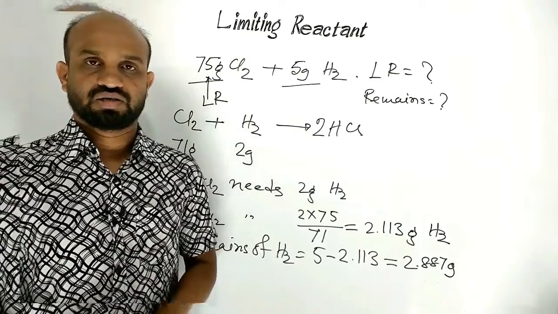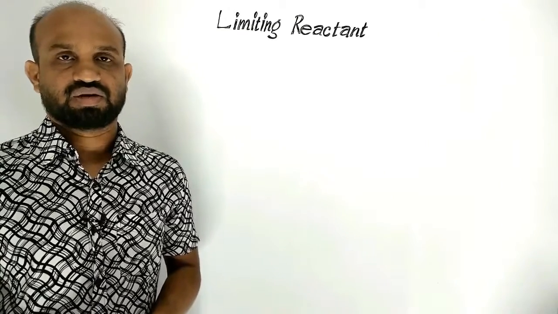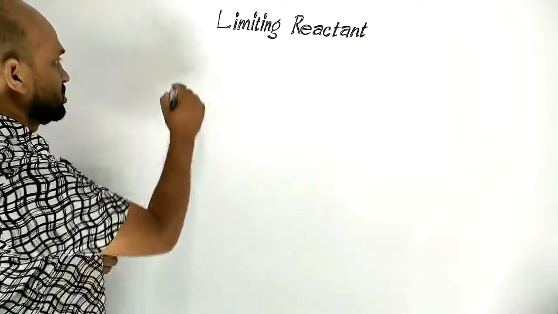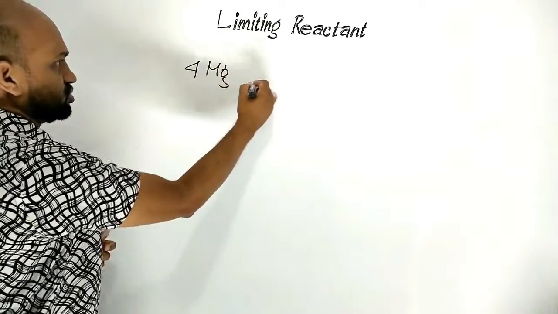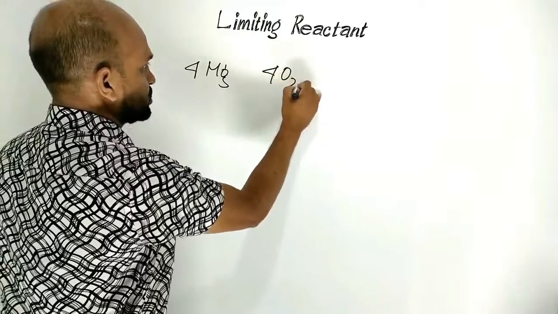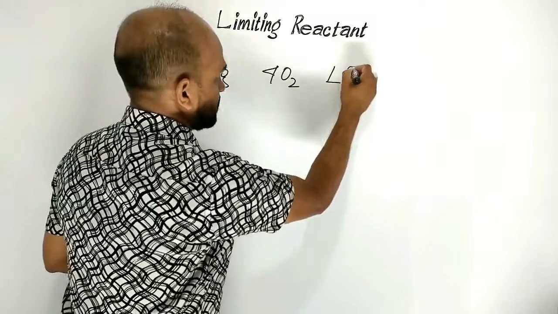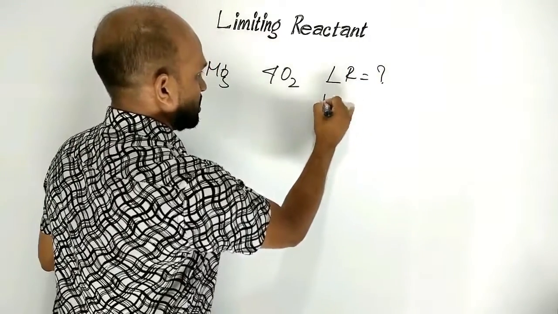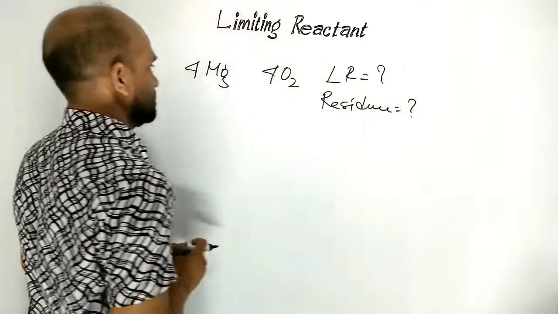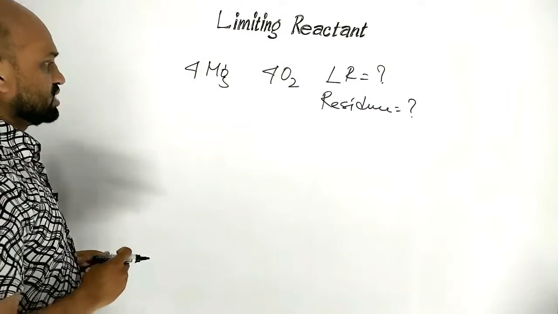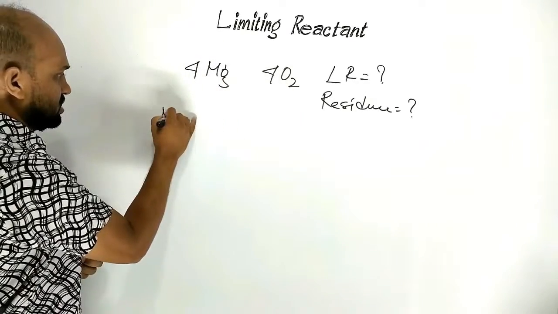Let's see another example. The reaction is between magnesium and oxygen. Suppose 4 atoms of magnesium react with 4 molecules of oxygen. Then what will be the limiting reactant and what is the residue left over? First of all, let's write the reaction between magnesium and oxygen.